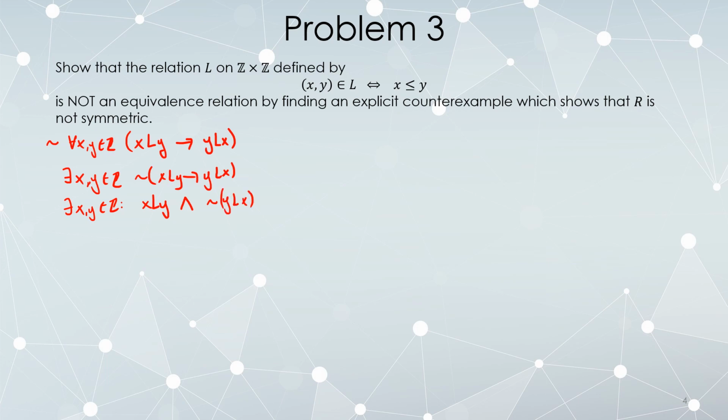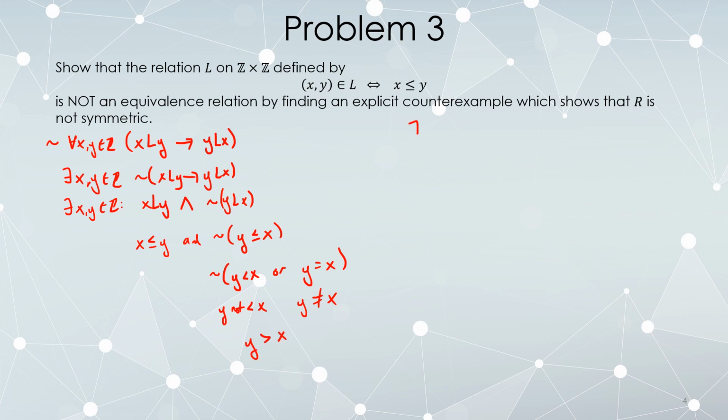In other words, x should be less than or equal to y, and it is not the case that y is less than or equal to x. And by De Morgan's law, this would mean that y is not less than x, and y is also not equal to x. In other words, y is bigger than x.